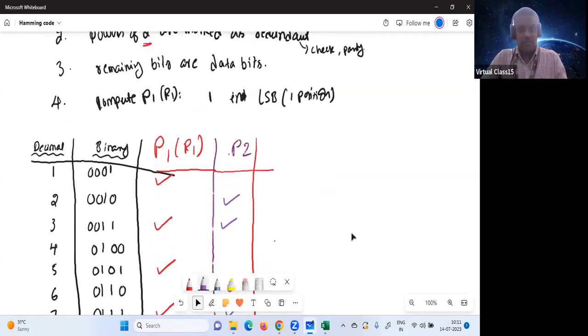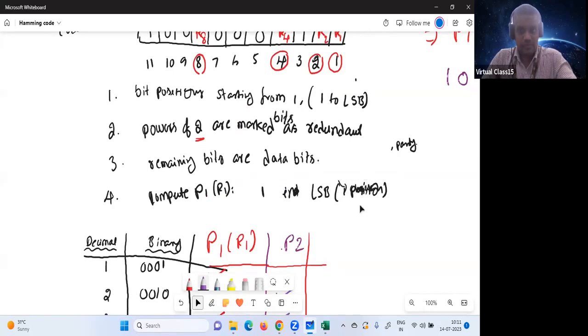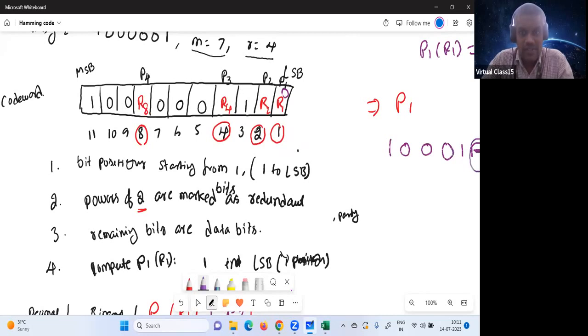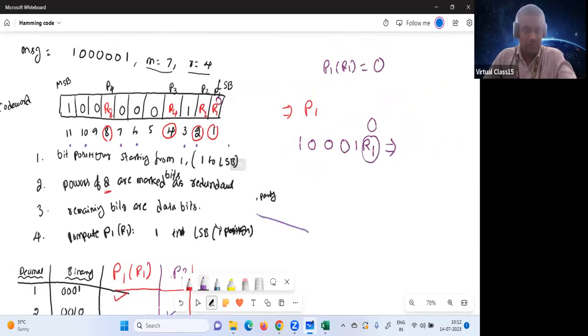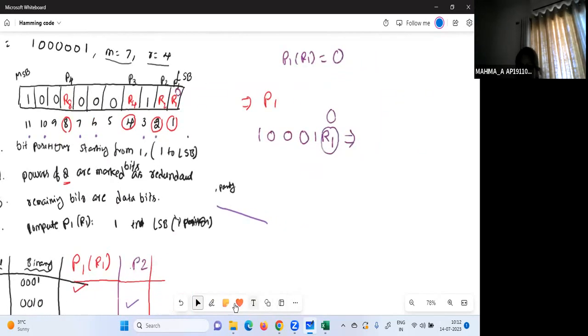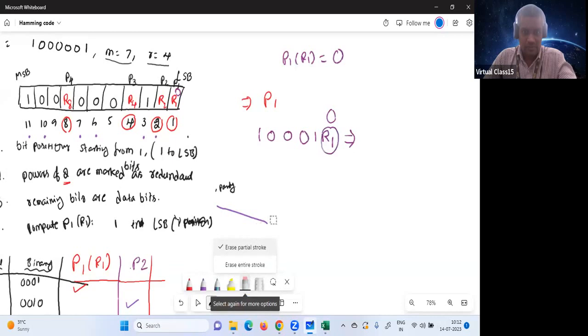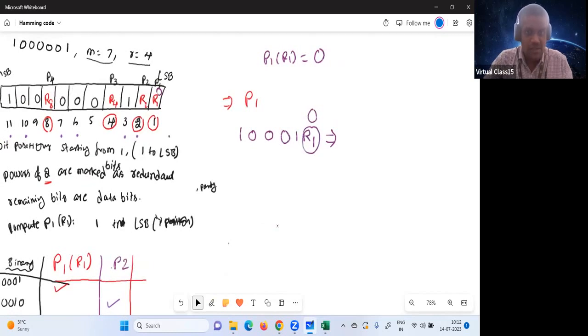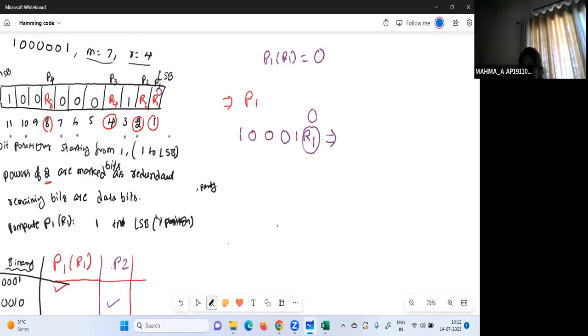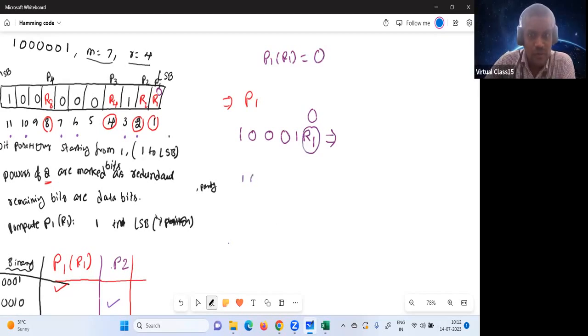I will mark here: 2, 3, 6, 7, 10, 11. Using these bit positions, what is the string formed? P2.